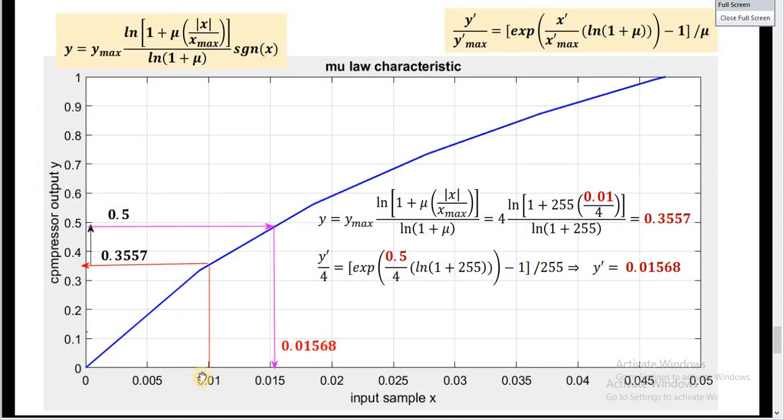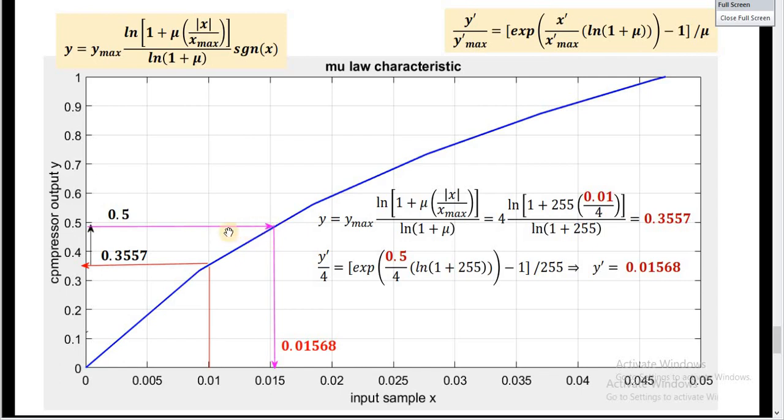0.01, this is the input sample. It's applied at the transmitting side to the compressor, and the compressor yields an output of 0.3557. The output is applied to the uniform quantizer, and this is the level assumed by the uniform quantizer, which is 0.5. This 0.5 is transmitted and is applied to the expander at the receiving side.